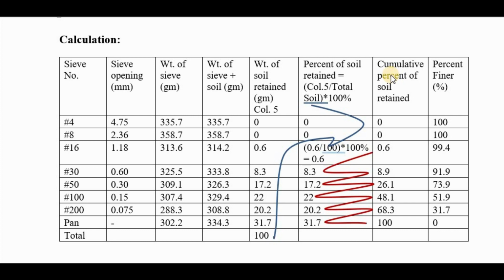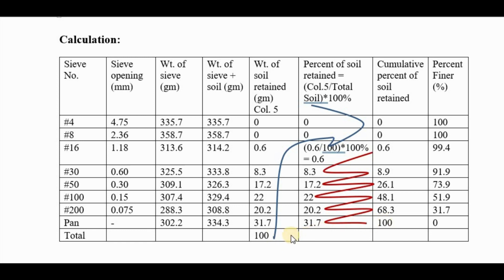After that, you have to take the cumulative percent of soil retained. That means you have to sum all of these: 0 plus 0 is 0, 0 plus 0.6 is 0.6, 0.6 plus 8.3 is 8.9, 8.9 plus 17.2 is 26.1, 26.1 plus 22 is 48.1, 48.1 plus 20.2 is 68.3, 68.3 plus 31.7 is 100.